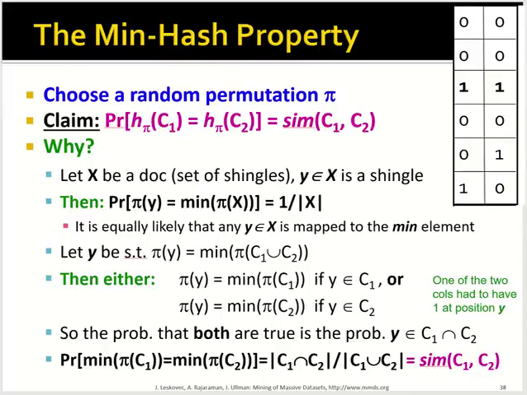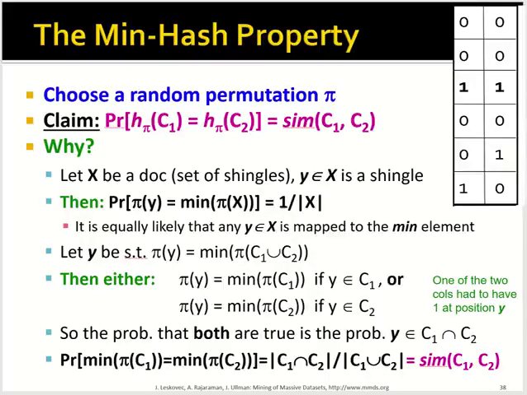We need to prove that with any permutation hash function, the similarity between column 1 C1 and column 2 C2 is equivalent to the probability that the hashed results are equal.